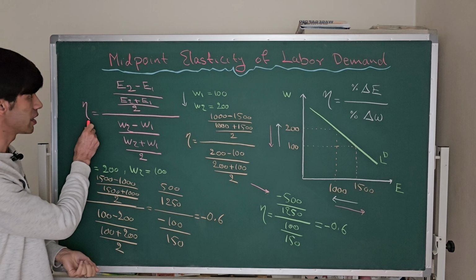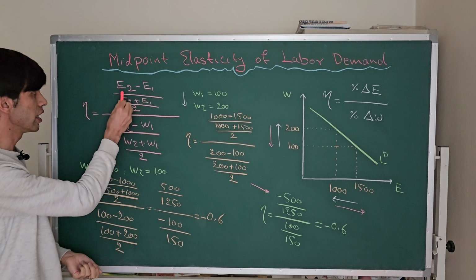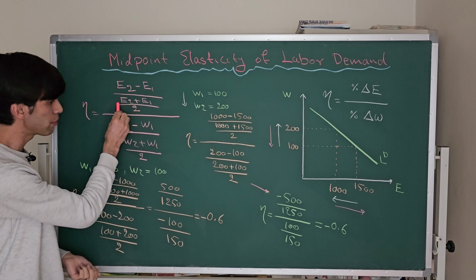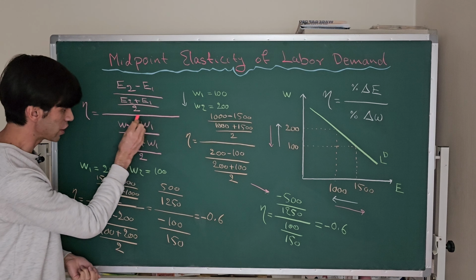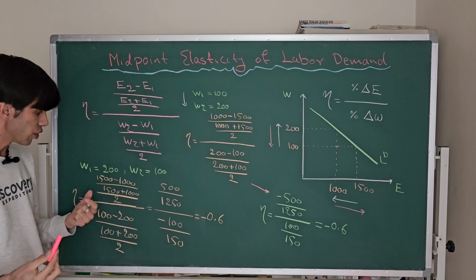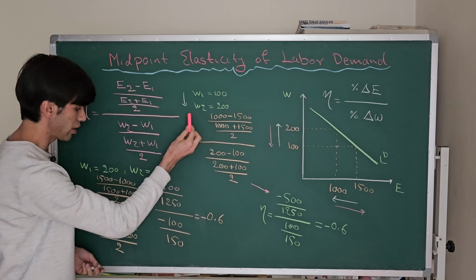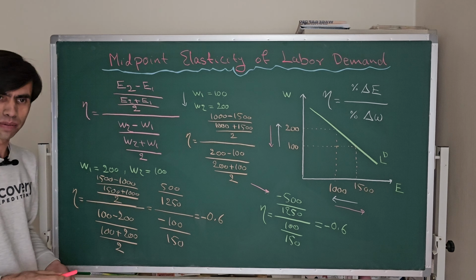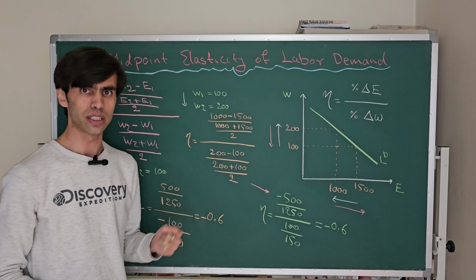The midpoint elasticity of labor demand is found by this formula: the change in employment level over the midpoint of employment, divided by the change in wage level over the midpoint of the wage level. So now it doesn't matter whether our initial wage rate is 100 and we move to 200, or our initial wage rate is 200 and we move to 100. We will get the identical value of elasticity of labor demand.